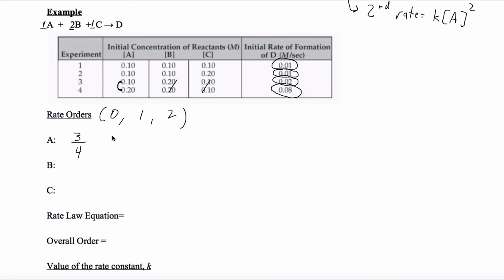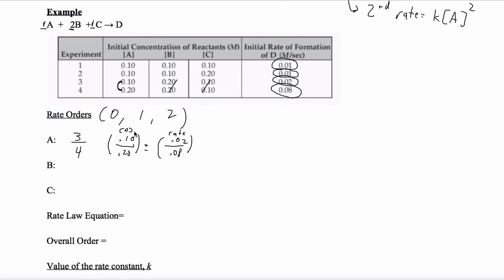So what I'm going to do is take the concentration of A at 3 over 4, and set that equal to the rate of 3 over 4. So A is 0.1 over 0.20. And the rate is 0.02 over 0.08.